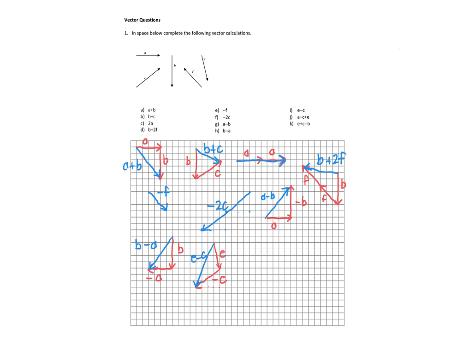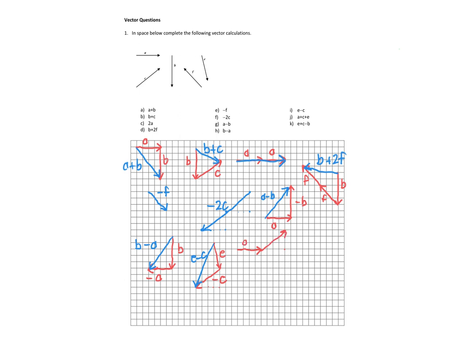And then finally we can still do this with 3 vectors, A plus C plus E. So A is the one that goes 4 across, and then C goes, I'm going to maybe run out of room here, 4 across and 3 up.